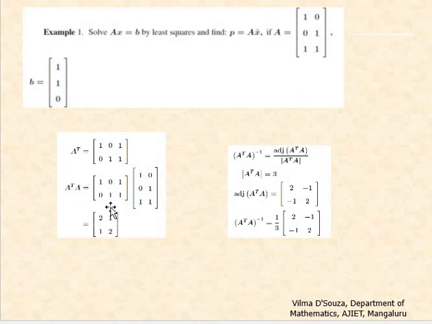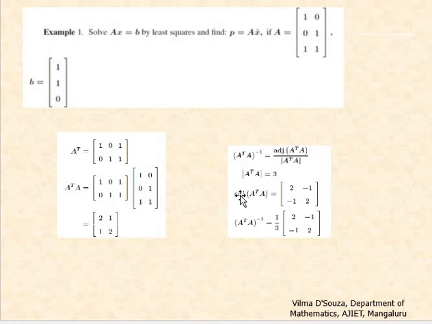So A transpose A, you have to find the inverse, A transpose A inverse. How do you find the inverse of your matrix? Adjoint by determinant, right? So A transpose A inverse is equal to adjoint of A transpose A divided by determinant of A transpose A. What is the determinant of A transpose A? 4 minus 1, that is 3.